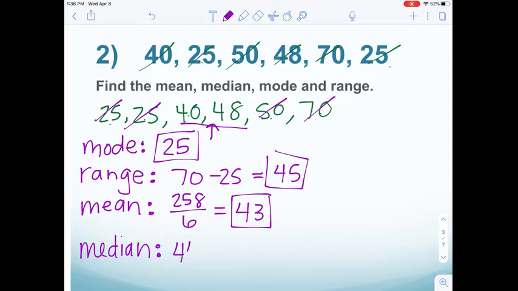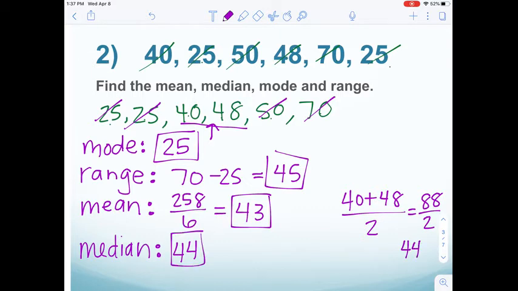If you didn't know that off the top of your head, that's okay. You can add those two numbers together and divide by 2. You're basically finding the average of those two numbers. When you take 40 plus 48, you get 88 divided by 2, which is 44.